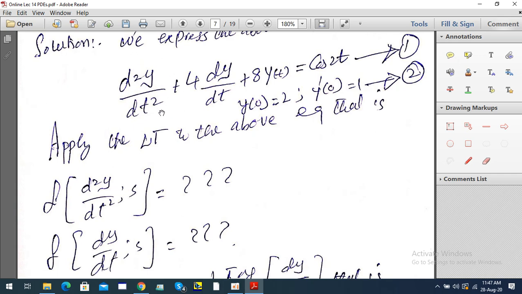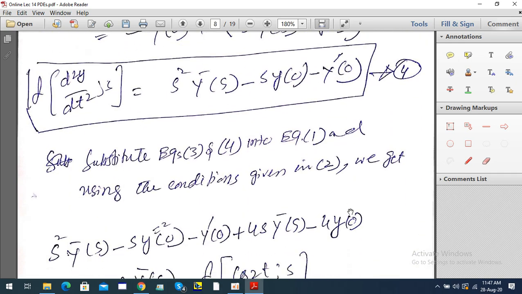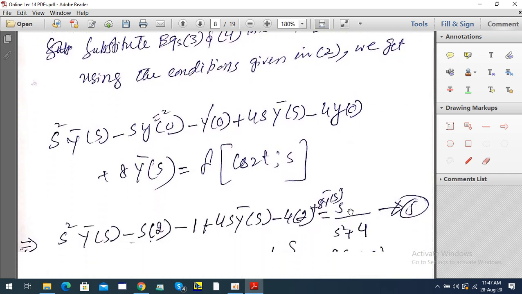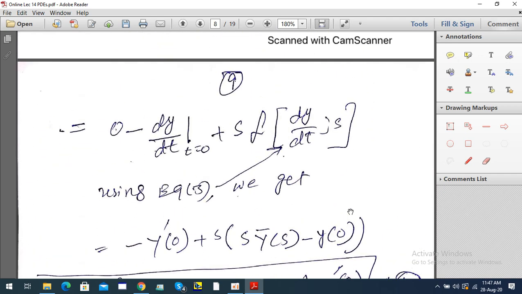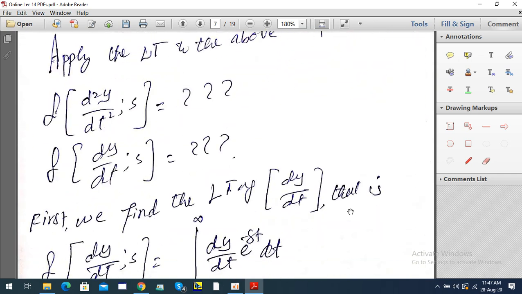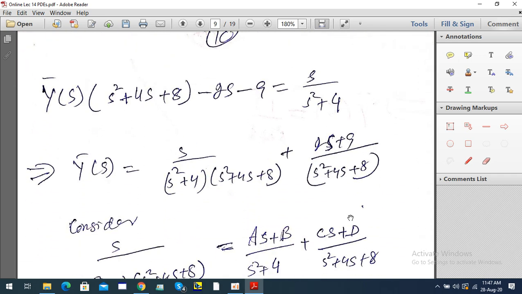You can see here d square y by dt square plus 4 dy by dt plus 8 y is equal to cos 2t. So the Laplace of this, multiplied by 4 and 8 y, and Laplace of cos 2t. Look at this one.